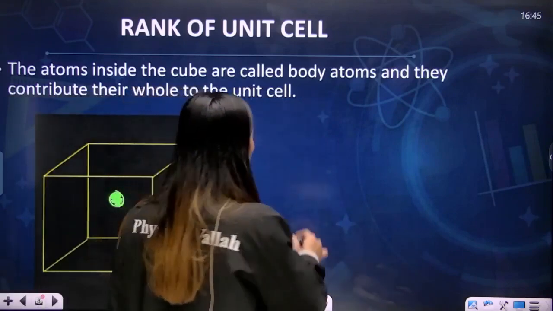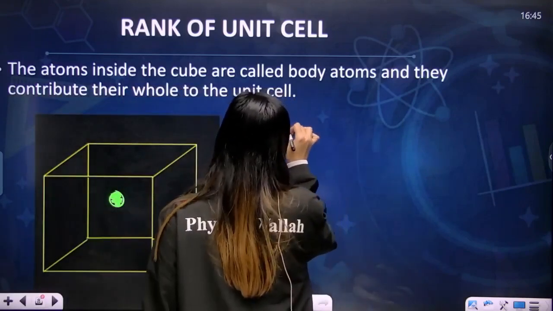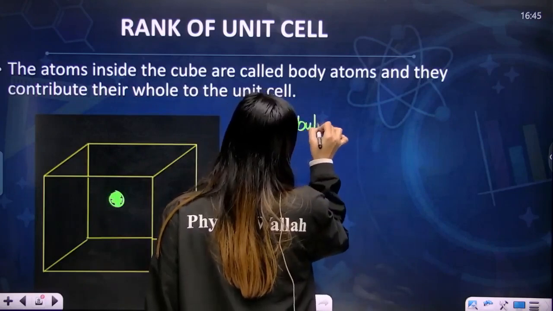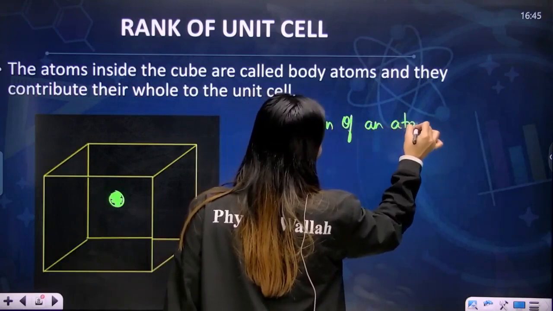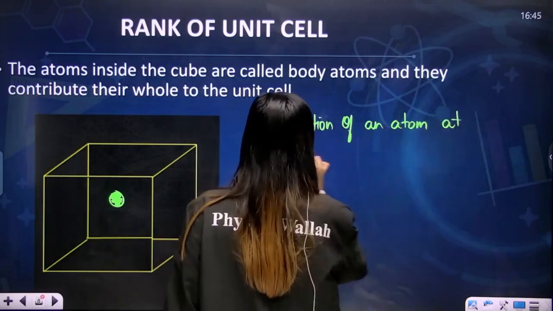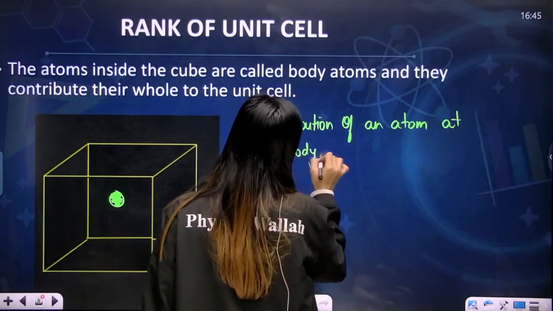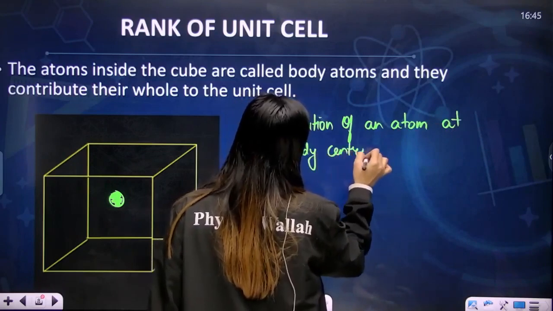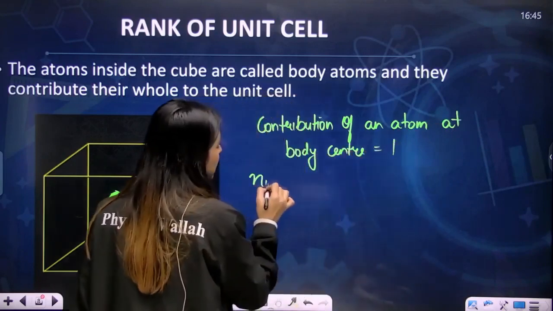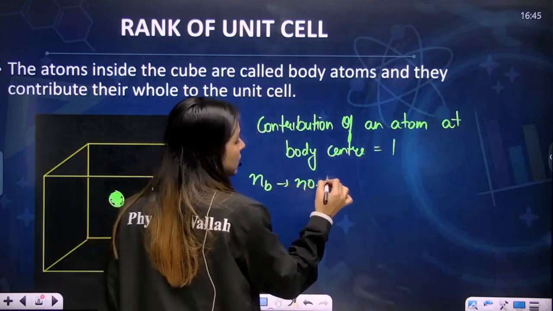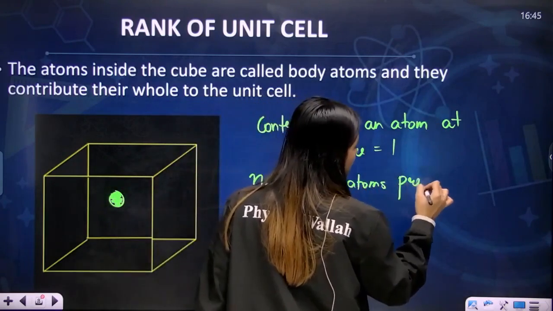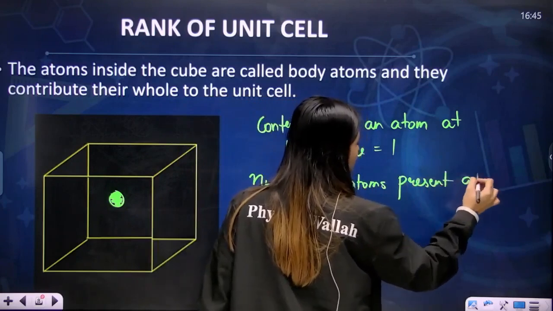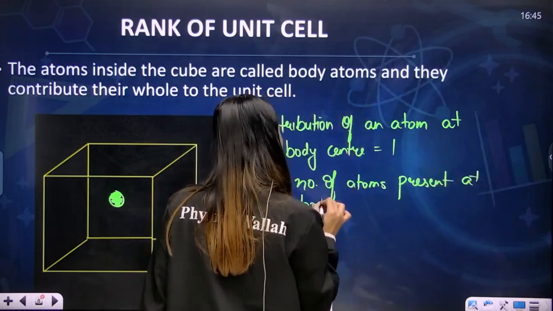So the contribution of an atom at body center is equal to 1. Let's say NB is the number of atoms present at body center.